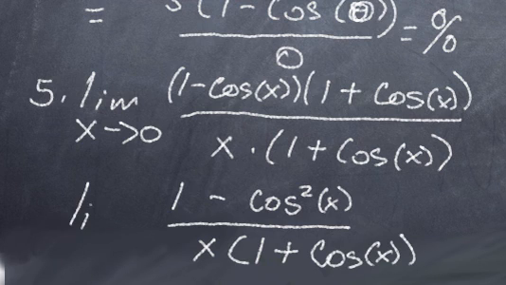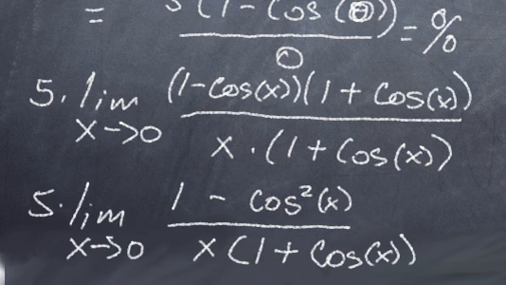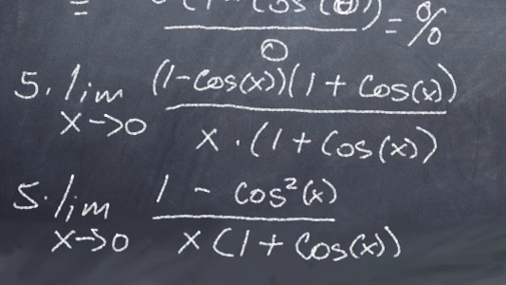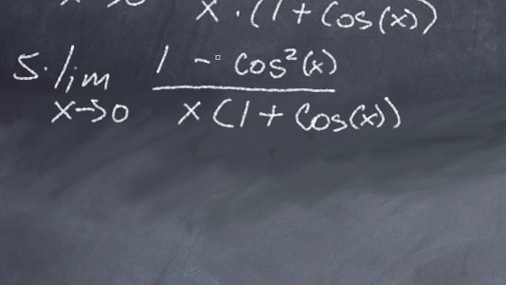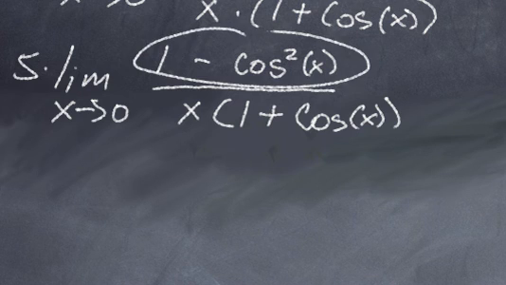And boy, don't forget to rewrite your limit. That'll definitely get you a mark on your paper. Well, 1 minus cosine squared x, remember, is sine squared x. So I'm going to replace all of this with a sine squared x. And of course, we've got to continue to rewrite the limit.